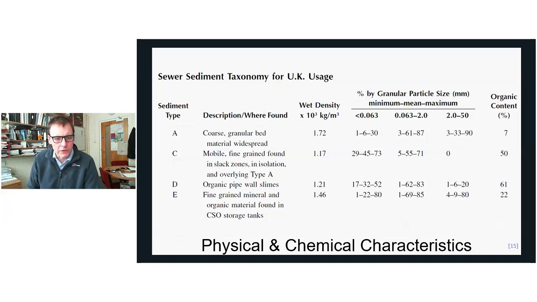So here we have the coarse Class A, the coarse granular material. You can see that quite a small amount of it is fine, but up to a third of it can be particles between 2 to 5 millimeters in size.